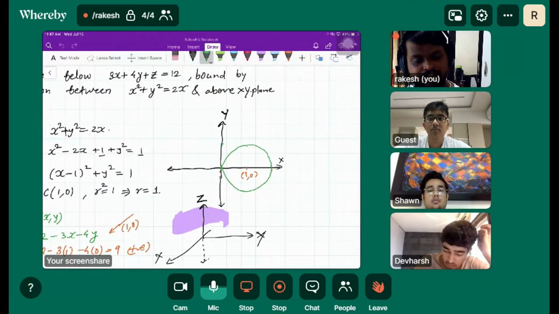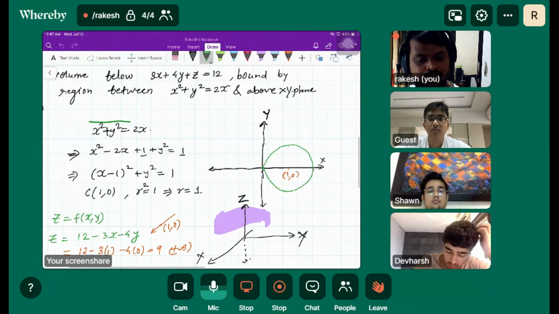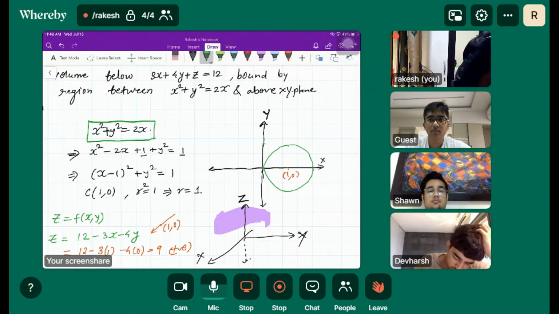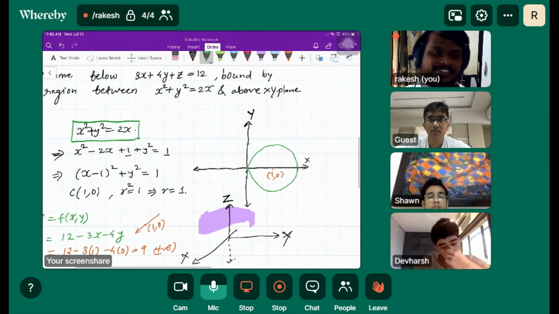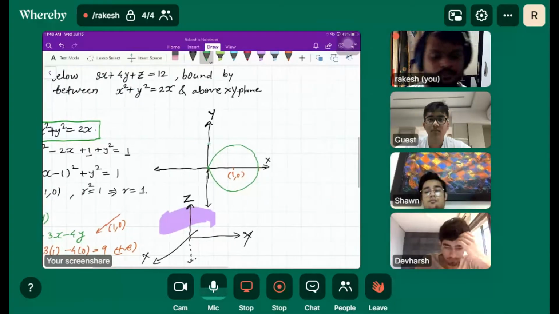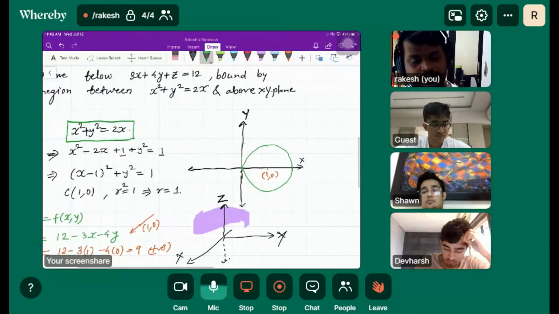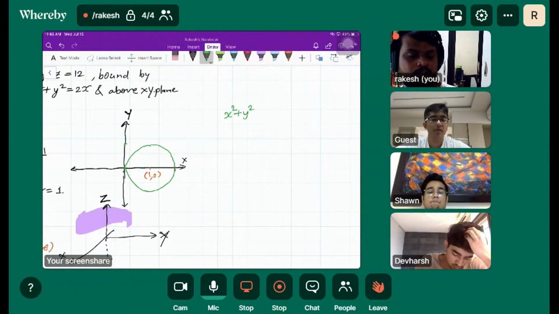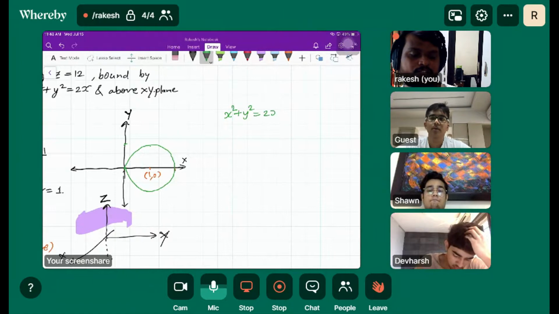See what we do basically. We have a region, right? This is the equation of the region. We just convert this region into polar form. So x square plus y square is equal to 2x will be converted into polar form. X square plus y square is r square. Very good, Mano. And what is x?